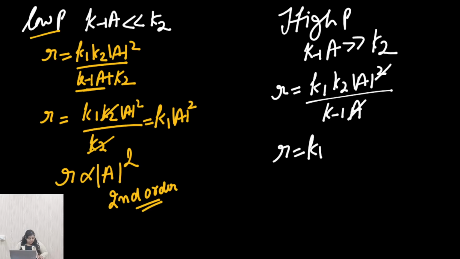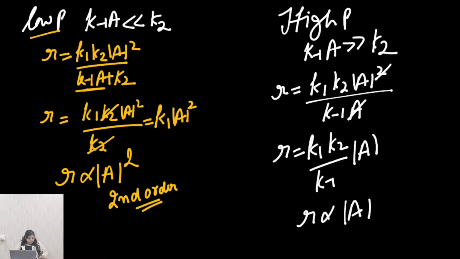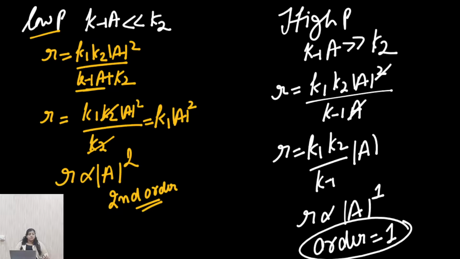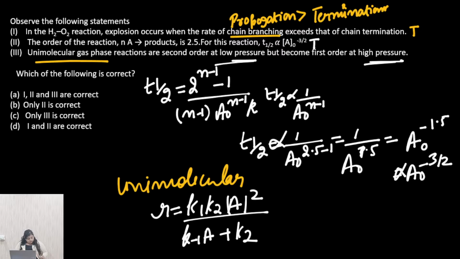Rate becomes K1 into K2 upon K inverse into A. That means the rate is proportional to A raised to the power of 1 only, so the order with respect to A is unity, which means the reaction is of first order kinetics, right? So at the lower pressure second order and at the higher pressure first order. So this statement is also true. So first, second and third, all three are true, which means option A will be the correct answer.